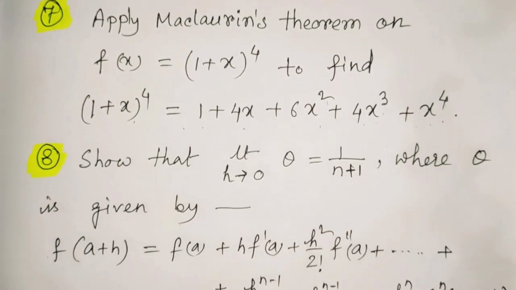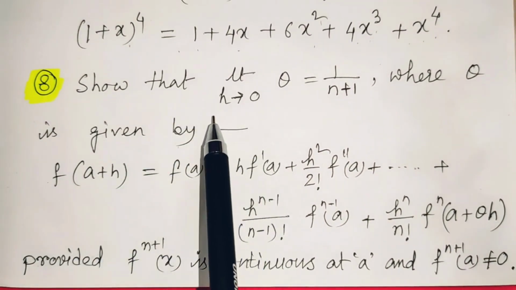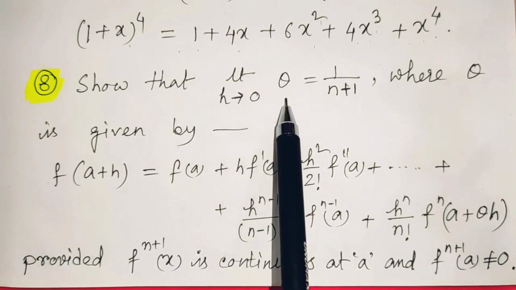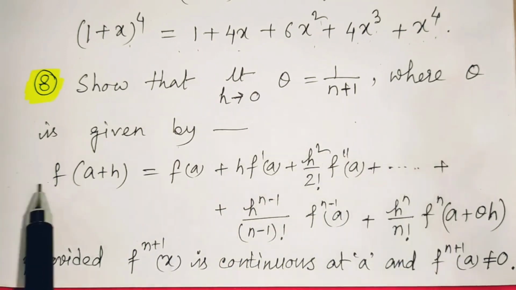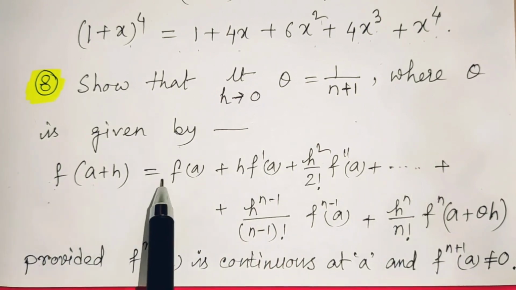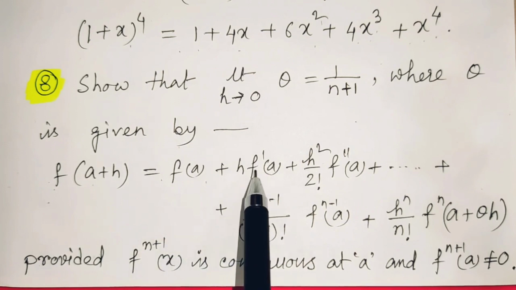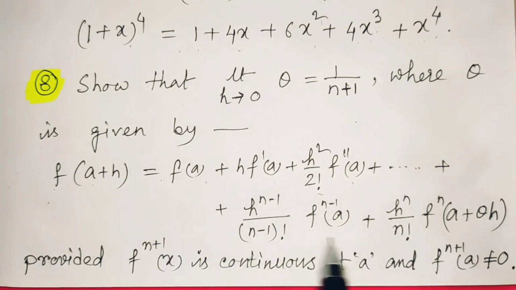One more and the final question for this video is to show that the limit as h tends to 0 of theta is equal to 1 by n plus 1, where theta is given by the expression f of a plus h equals f of a plus h into f dash a plus h square by 2 factorial f double dash a, and so on.